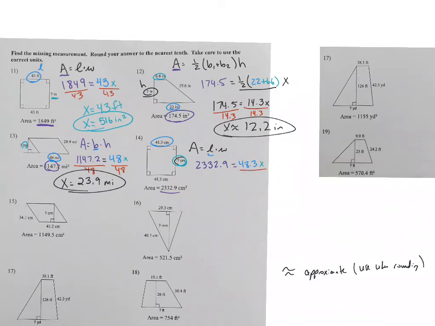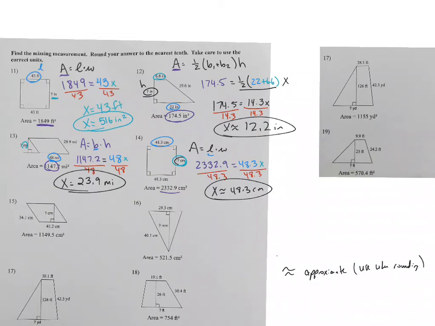Once again, to get x by itself, I divide both sides by 48.3. So I have 2,032.9 divided by 48.3. I end up with, it is about 48.3, so it's not exactly a square, but it's very, very close. We're going to say centimeters. So for all intents and purposes, it is a square, but technically it's not, because it's not exactly 48.3 unless they write that one to begin with, which we don't know.